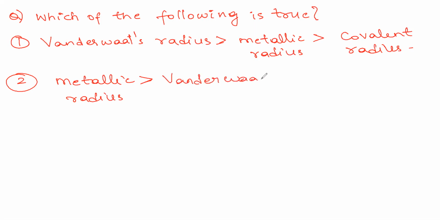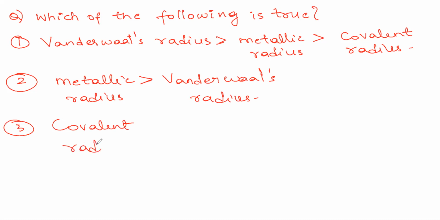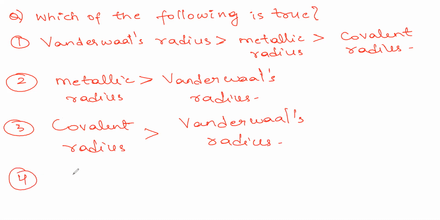Third option, covalent radius is greater than van der Waals radius. And fourth option, covalent radius greater than metallic radius.